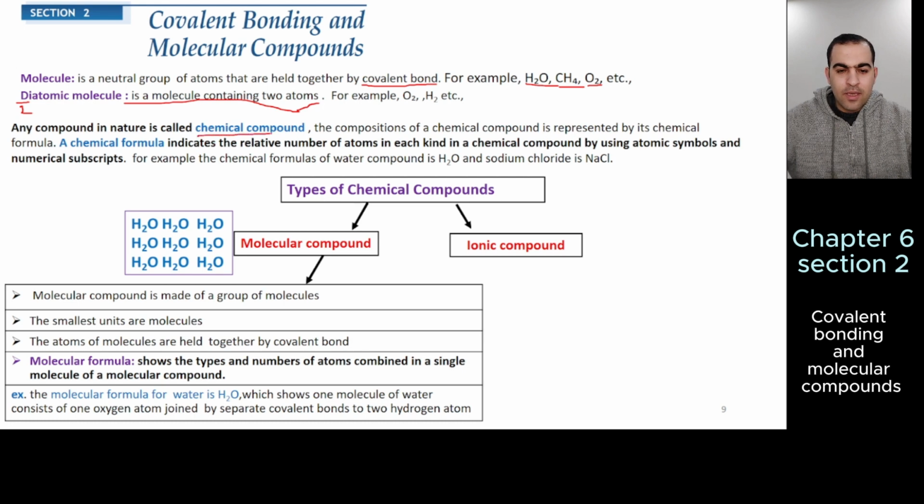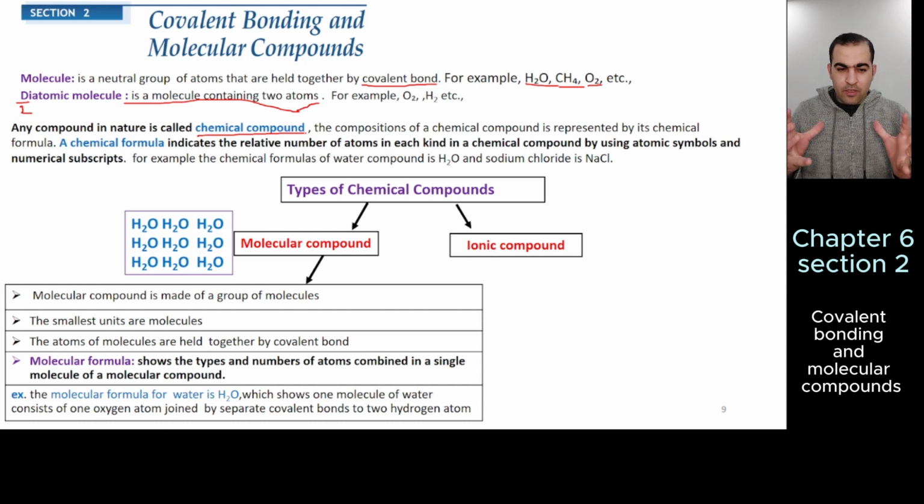Okay, what are chemical compounds? Any compound in nature is called a chemical compound. The composition of a chemical compound is represented by a chemical formula. The basic unit of a compound we represent by a formula.